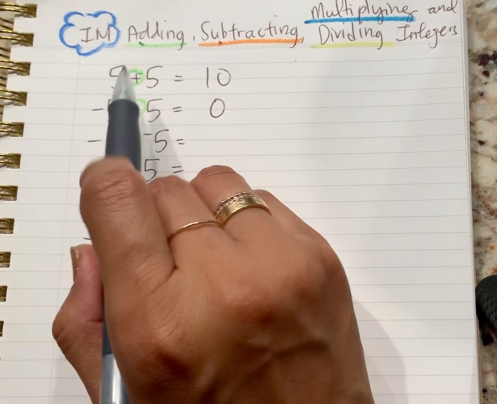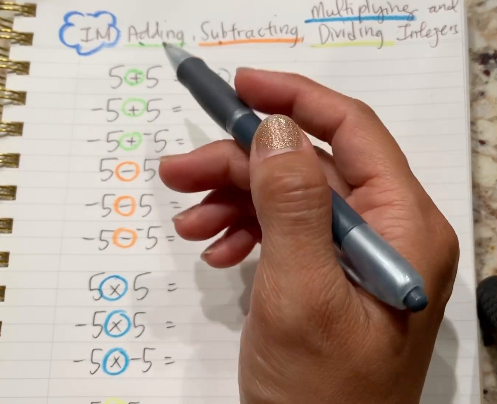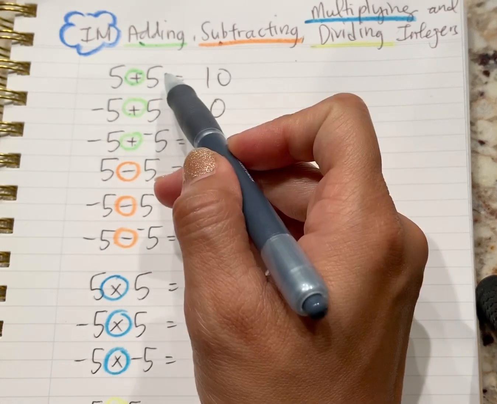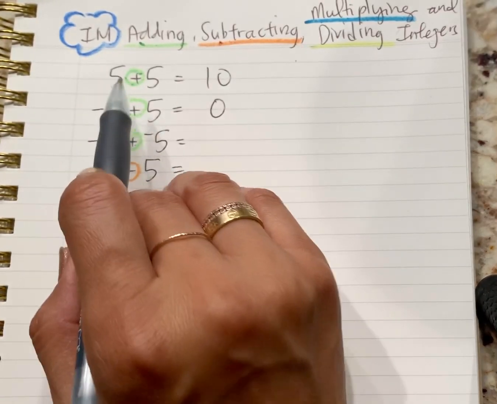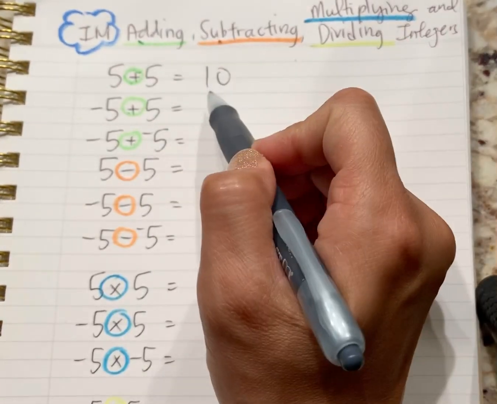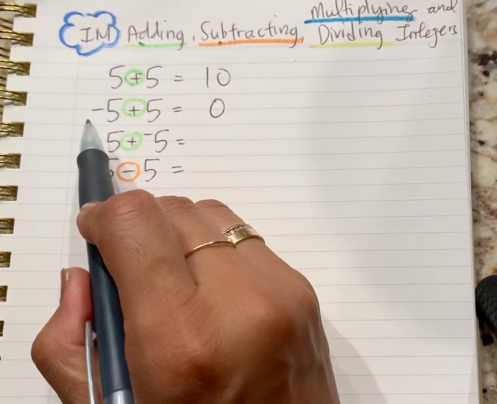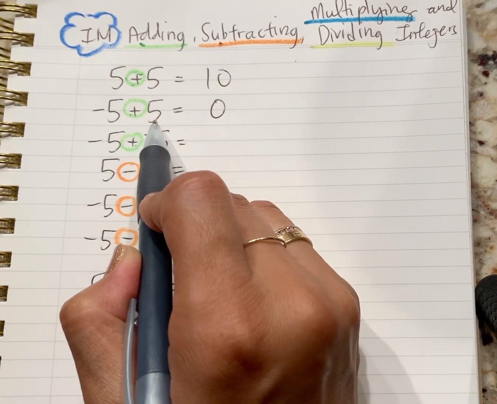It says 5 plus 5. Notice I used all fives, whether positive or negative, just so you can see the relations. So 5 plus 5, obviously it's 10. Then negative 5 plus 5.